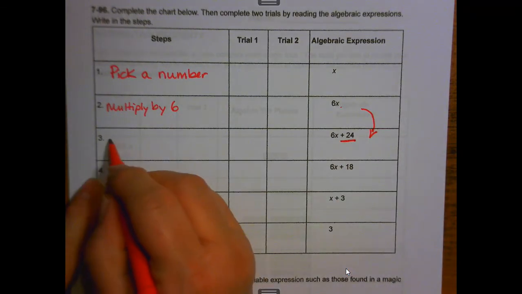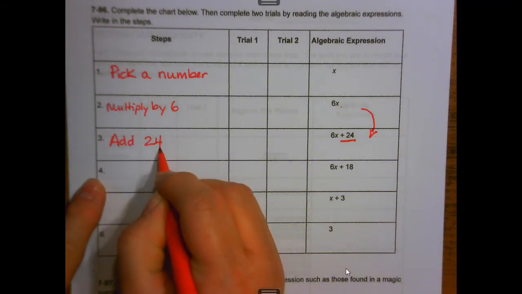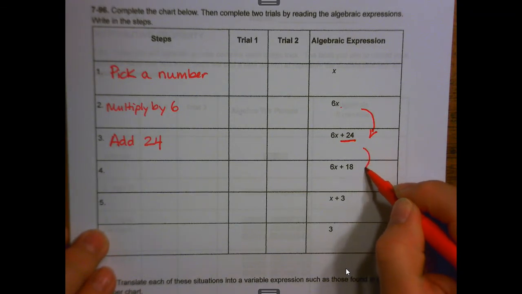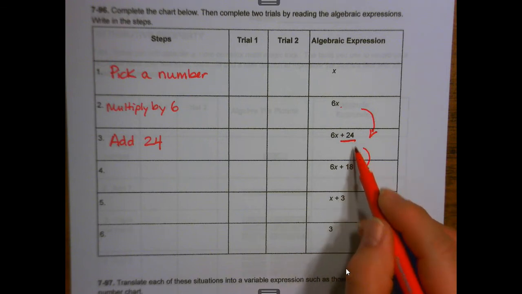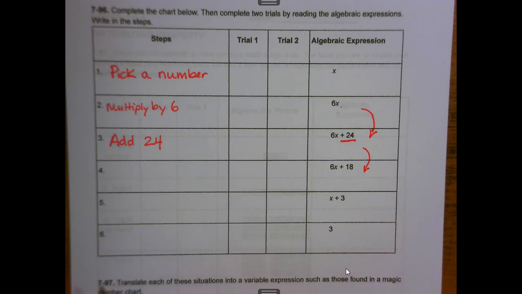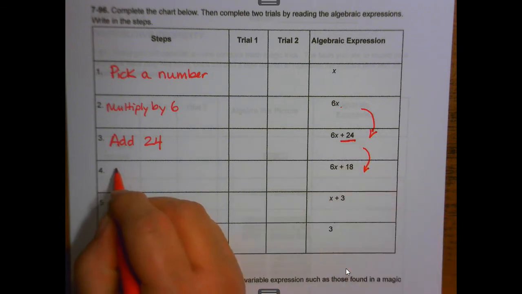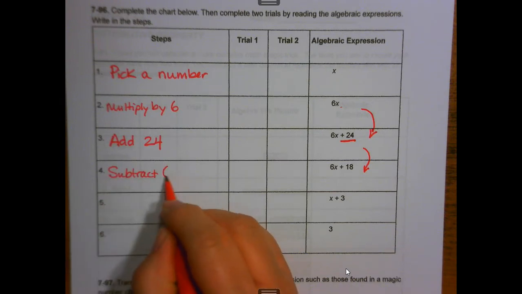And that is exactly what I'm going to write in my direction, add 24. Then I look to see how it changes in my next box. And when I'm comparing these two numbers, I've got a 24 and an 18. I can subtract or I can count up. And in either case, when I move from the 24 to the 18, I will say subtract 6.